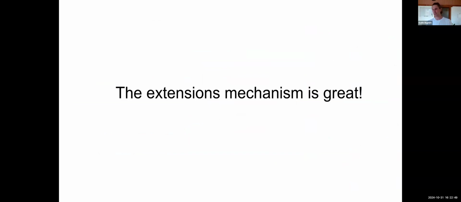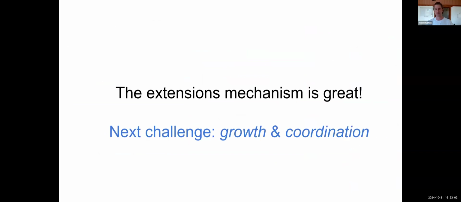All I was going to say about the domain is that the extension mechanism is great. I had the first chance recently to sit down and actually look through it and see how the implementation is working, and I couldn't find any problems. So the challenge going forward is maybe growth and coordination.